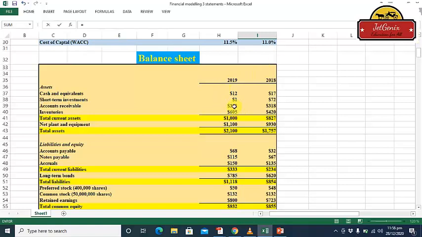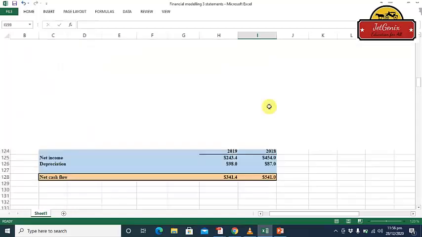So this is the account receivable of 2019. You can see the formula I am writing here, and we will subtract the account receivable of 2018 from this, so that we can find the increase in account receivable. Just press enter.